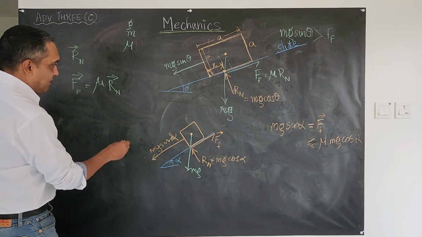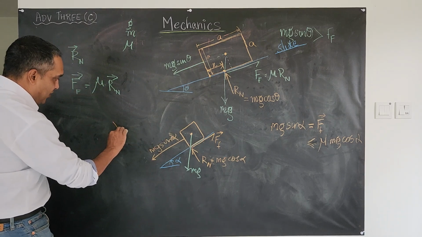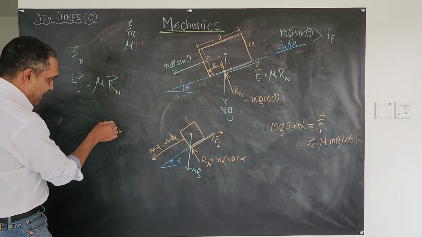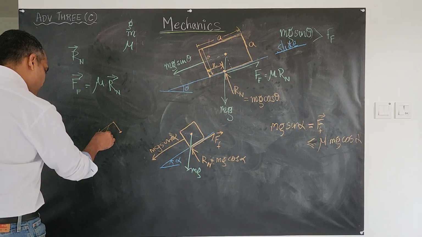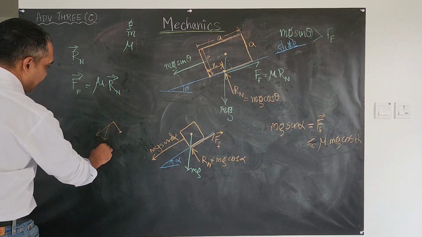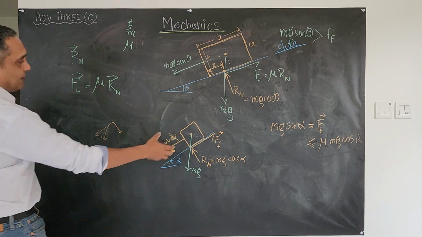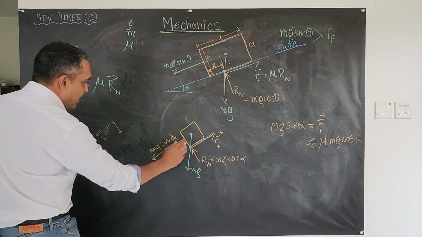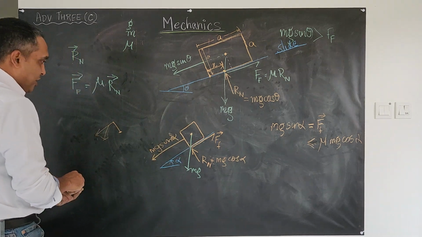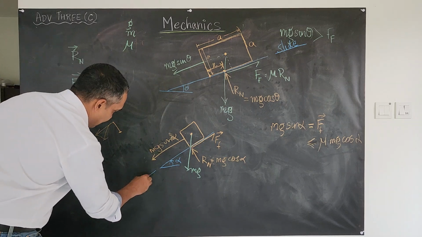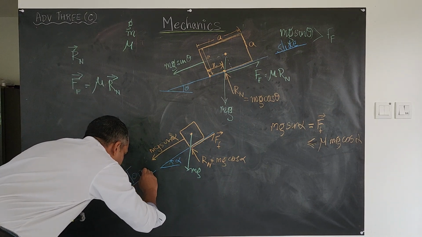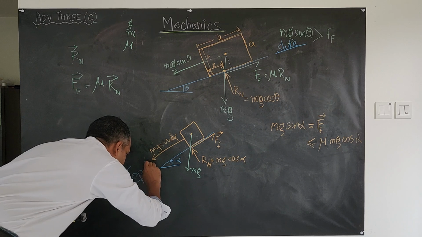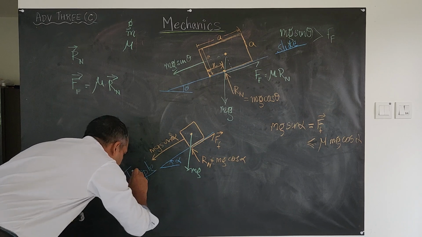And the moment you do that, you've created an object like this with a moment here and a force acting normally. The object will turn. So this object will turn, and the action at that time will be called toppling.